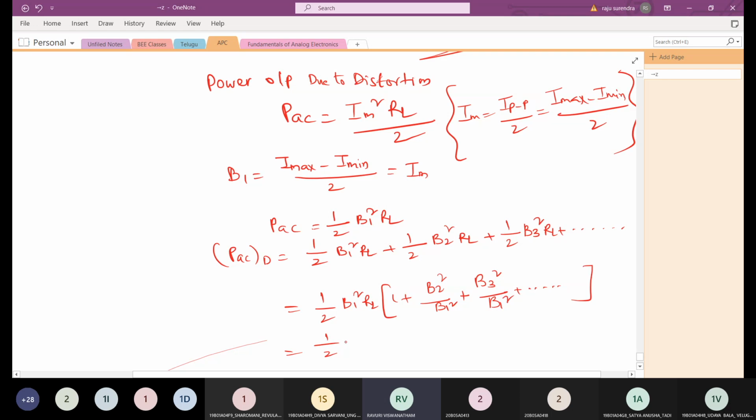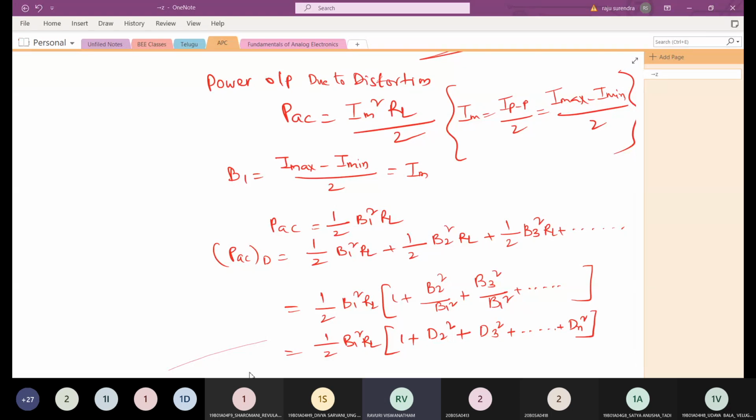So 1 by 2 B1 square RL times 1 plus B2 square by B1 square, that is D2 square, plus D3 square, and so on up to Dn square.